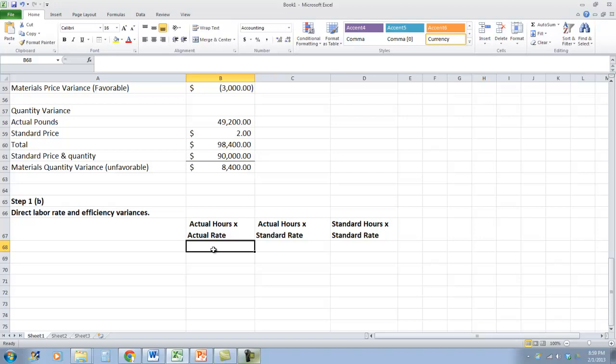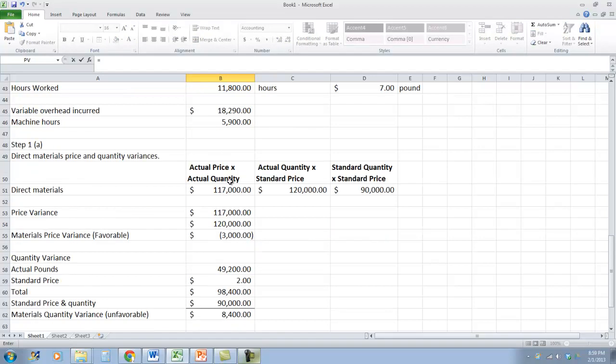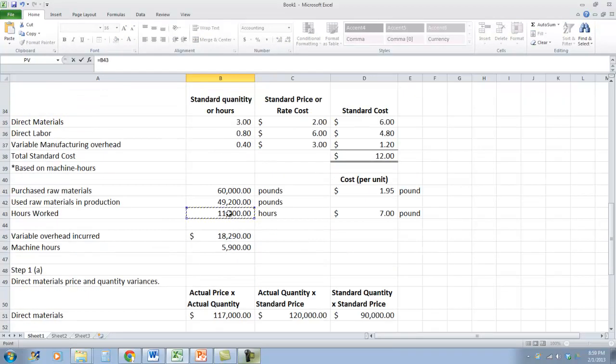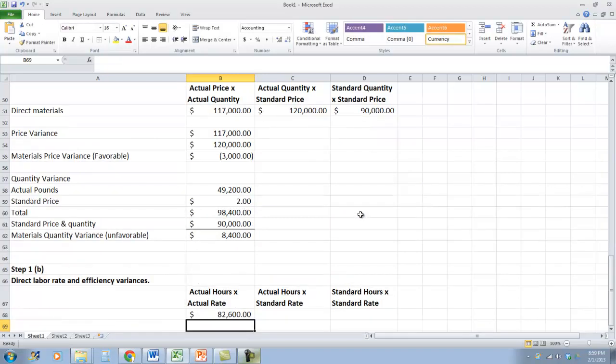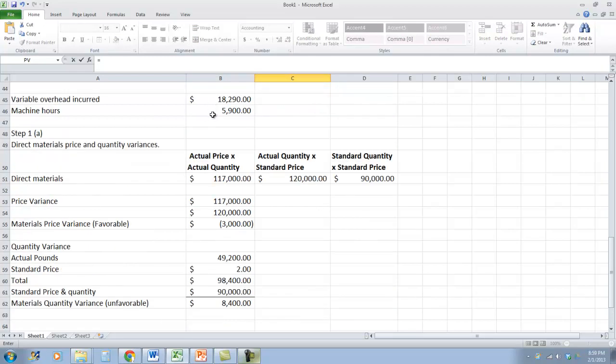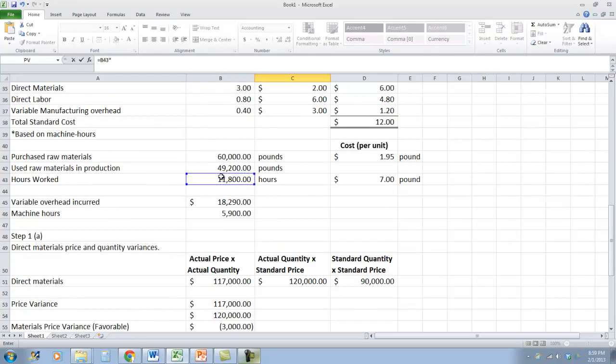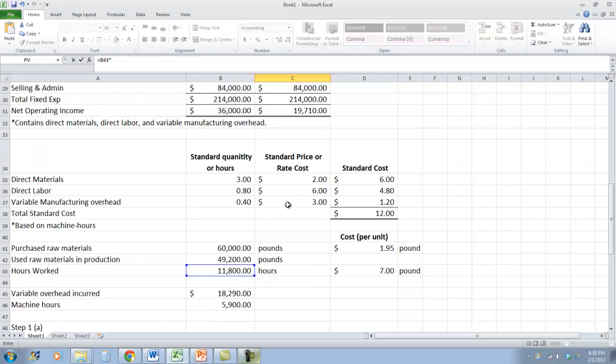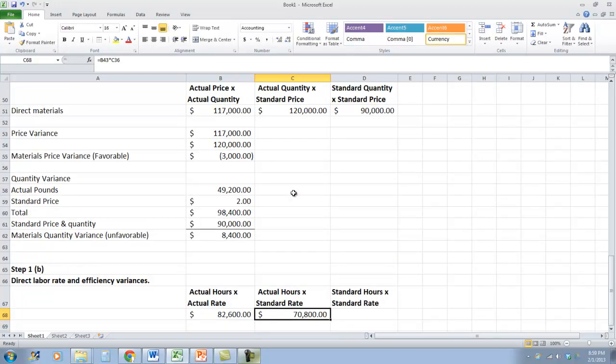So actual hours times actual rate. Actual hours were 11,800 and the actual rate was $7 per hour. Actual hours 11,800 times the standard rate per hour would have been 70,800.